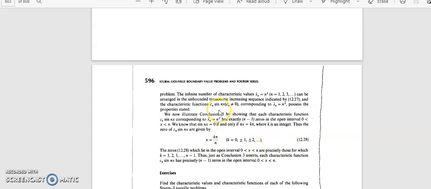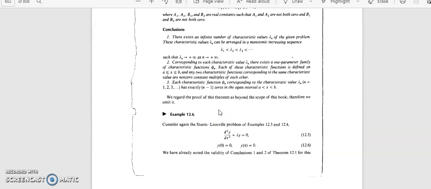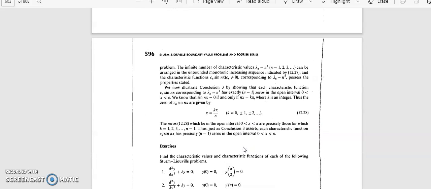Now our problem is, okay, we need to show that in the open interval there will be exactly n minus 1 zeros. Here a, b are 0 to pi, so you will have 0 less than x less than pi. If my roots have to be in the interval 0 to pi, then k cannot be 0. And the k values we take must all be positive.